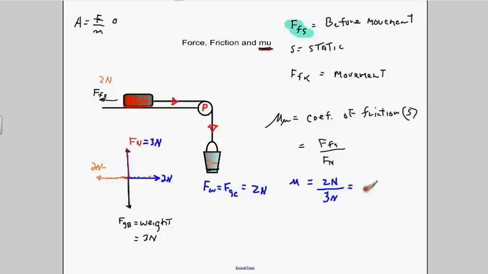Or 0.67. 0.67 is our mu, and there are no units to that. Let me clean this up a little bit. 0.67 is our mu value.